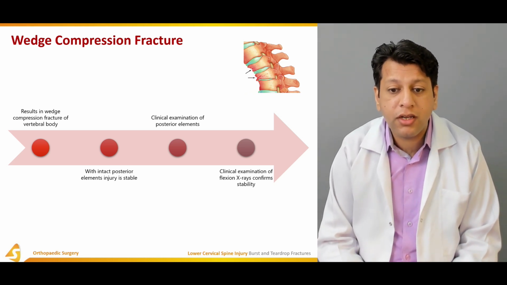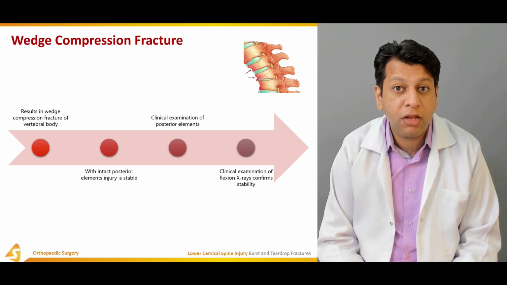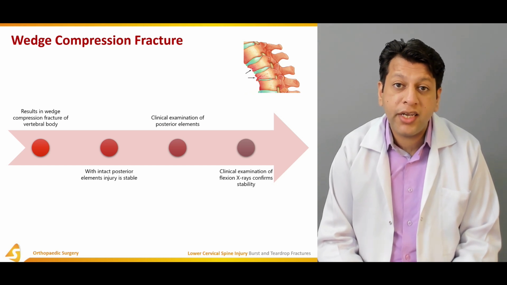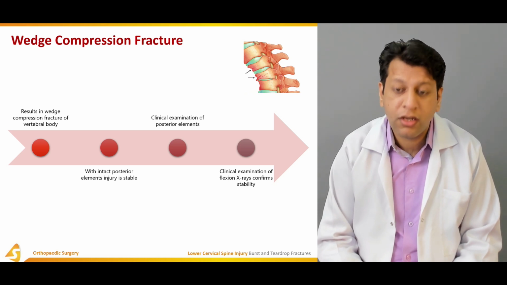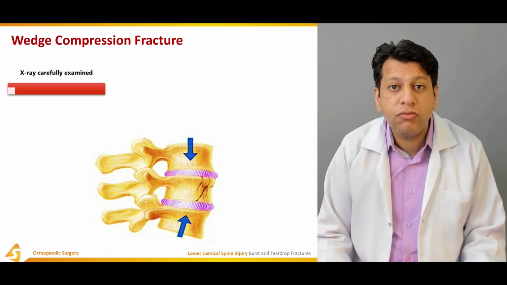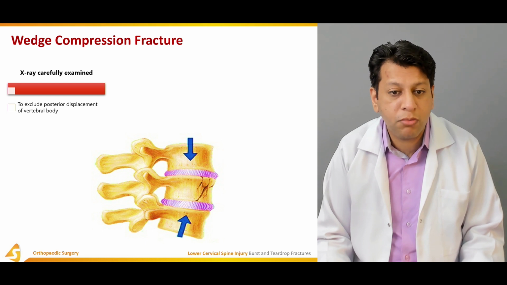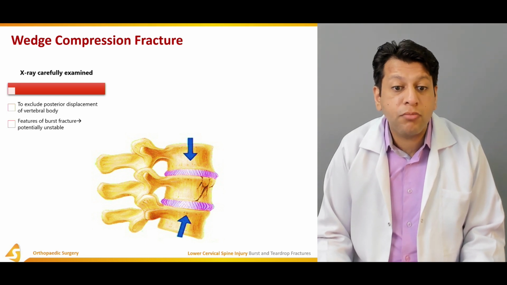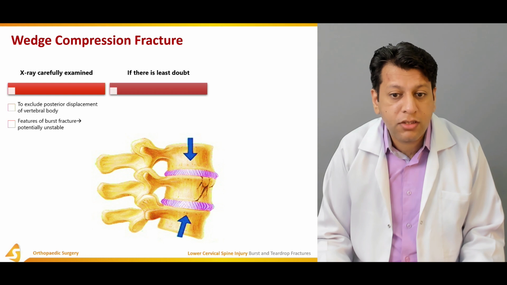What's important is the clinical examination of the posterior elements. Why? Because the integrity of the posterior ligamentous complex is going to determine whether the injury is stable or unstable. Now, when we are viewing the X-rays, what we need to exclude is posterior displacement of the vertebral body, or burst fractures which could be potentially unstable.